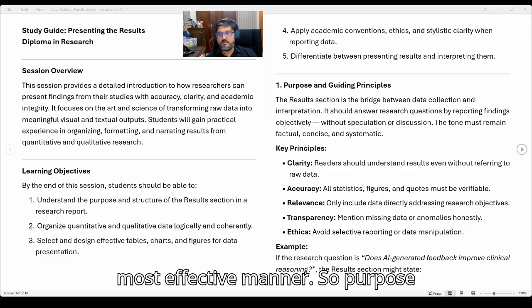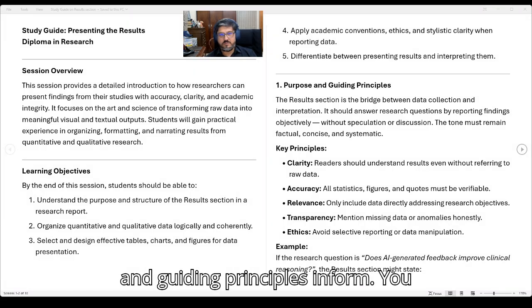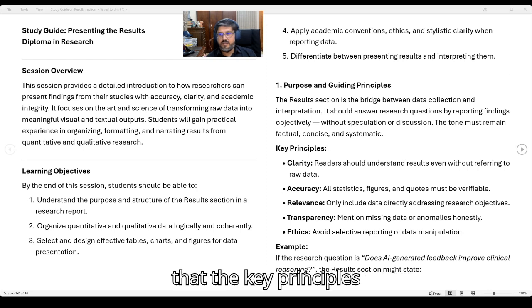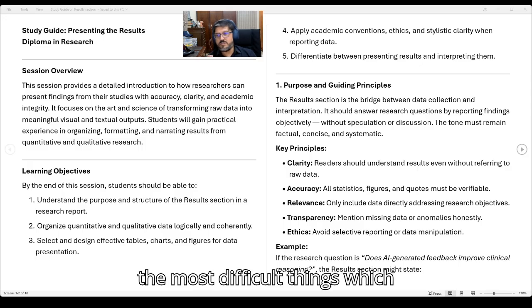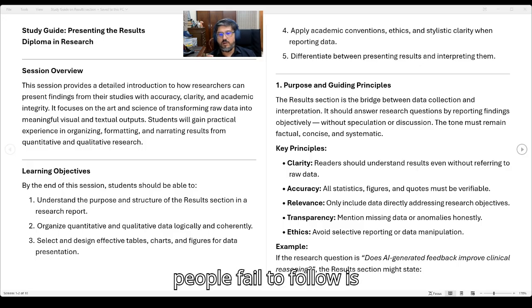Purpose and guiding principles inform you that the key principles are clarity, accuracy, relevance, transparency, and ethics. One of the most difficult things which people fail to follow is, number one, clarity, and the other is relevance.